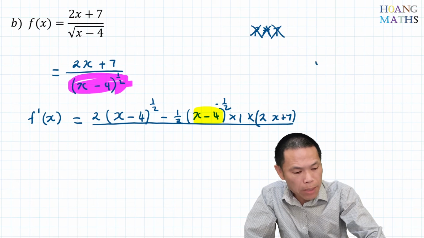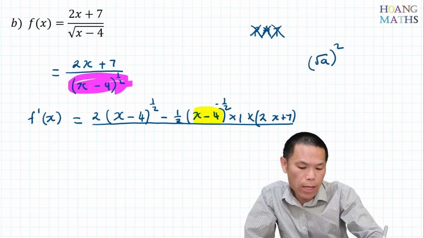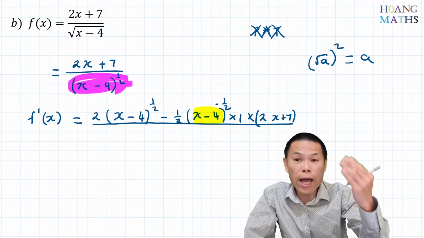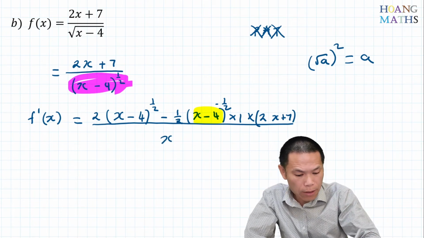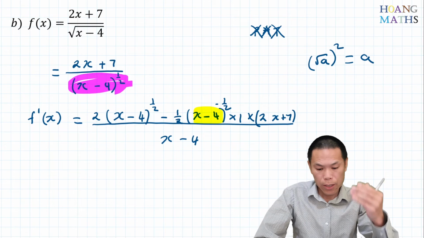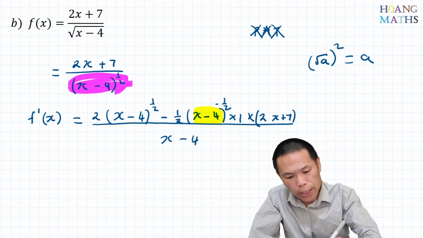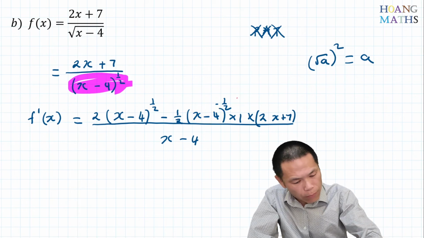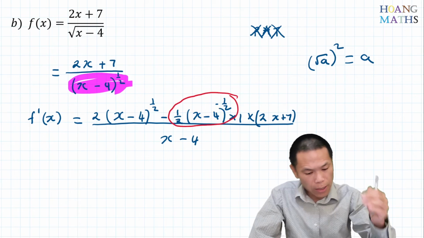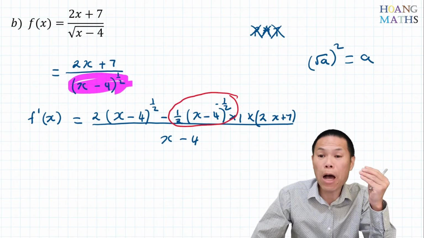So that's, remember, square root of a squared is a, okay? Or a power half squared is a. So that becomes x minus 4. So now what I need to do is simplify by getting rid of this term, because it's fractions and power of negative.